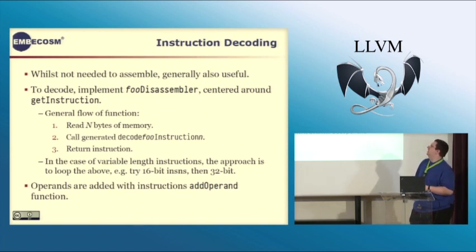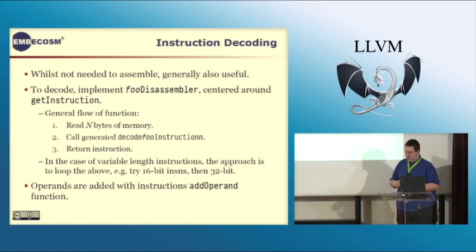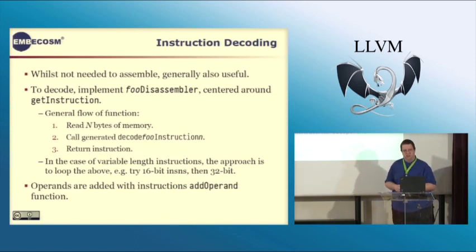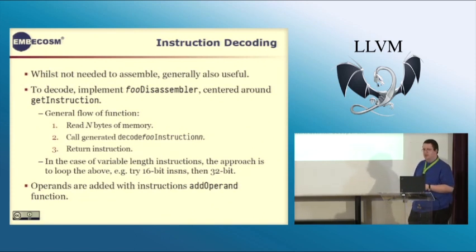But in that case, all you essentially need to do is, quite logically, try the shortest instruction. Did that decode correctly? If not, we'll grab a bit more memory and see, is it this length instruction? And then carry on. And if you eventually go, it's not valid, we haven't got any instructions longer than what we've already read, then we'll start complaining.